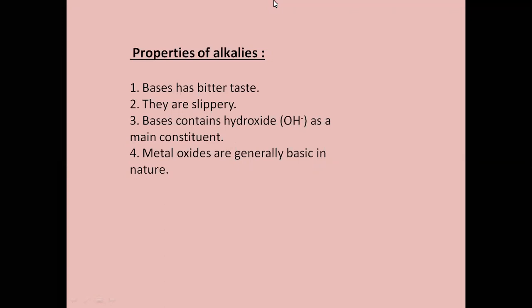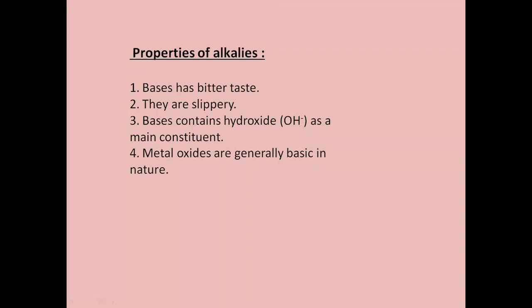When I say basic in nature, that means they're already a base. Can I say a metal oxide is a base? We took iron oxide as an example of a metal oxide. Does it contain OH? Does my iron oxide contain OH? No. So if it is not containing an OH, how can I call it a base? Are you understanding my point?